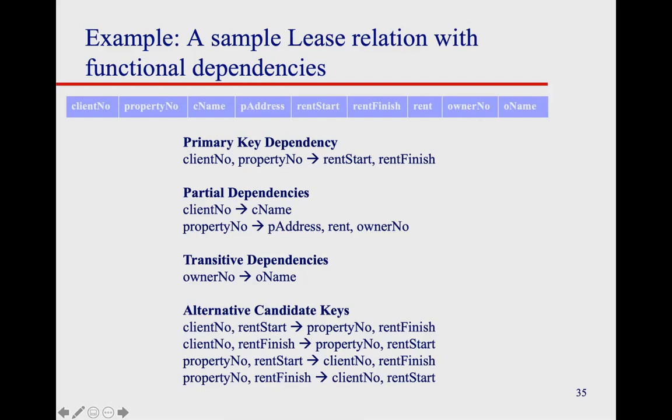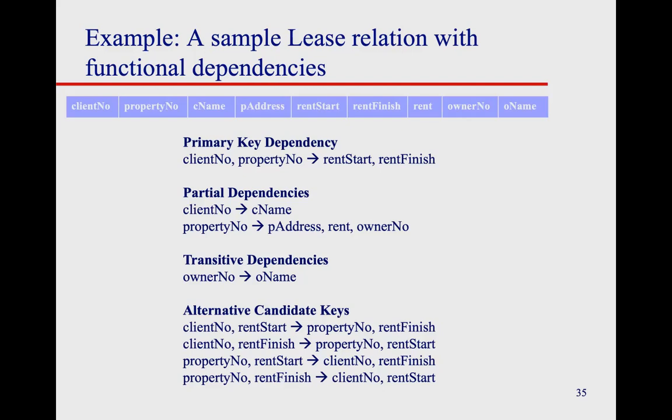And similarly, knowing the client and when the lease finishes also gives us the property number and the rent and when the lease begins. And then once we have the property number, we're able to determine the remaining attributes. So that's why the first two are candidate keys. Then if we know the property number and when the lease starts, we know the client and when the lease finishes. Now this also assumes that only one person is allowed to sign the lease.